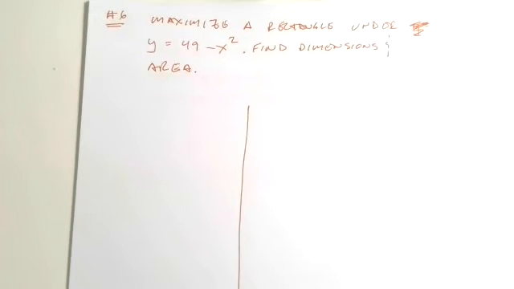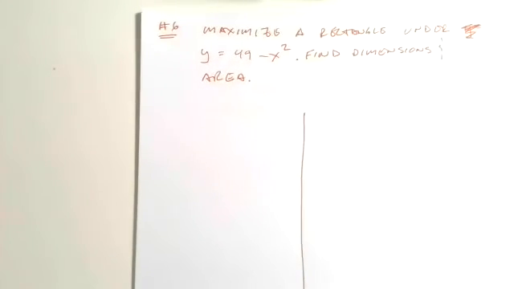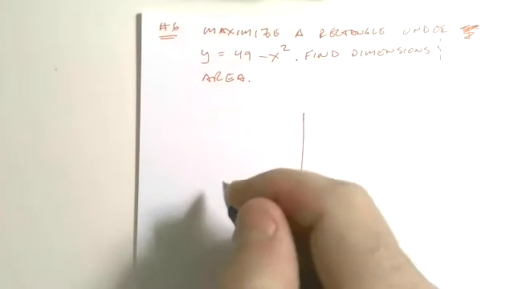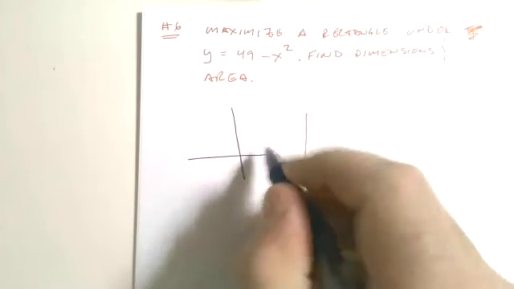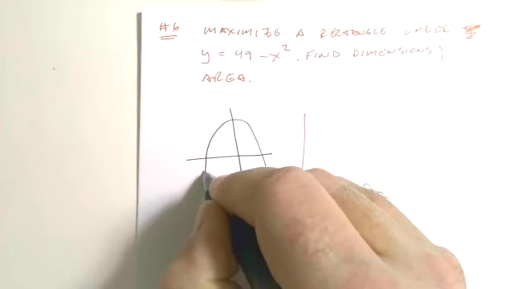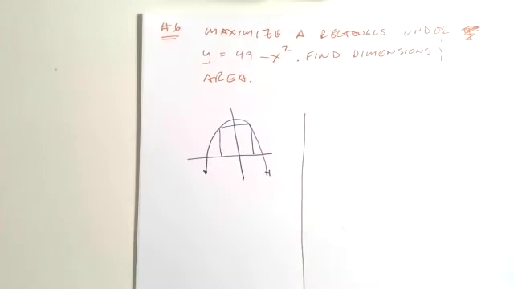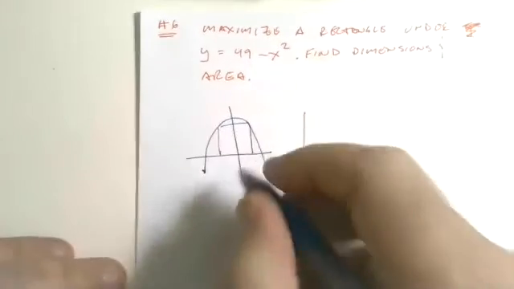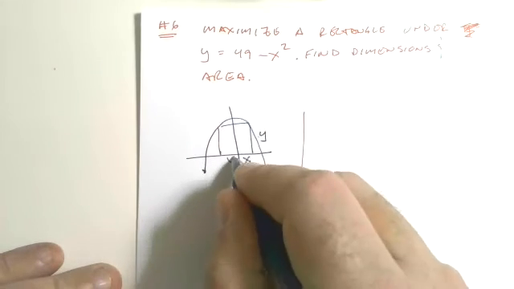Do another one. Now I've got two different problems here because somebody asked me to do a slightly different one. Maximize a rectangle under this, find dimension, area, yada, yada, yada. So we get this kind of shape, and we want this rectangle here. All right, this is x, this is y. This is also x.